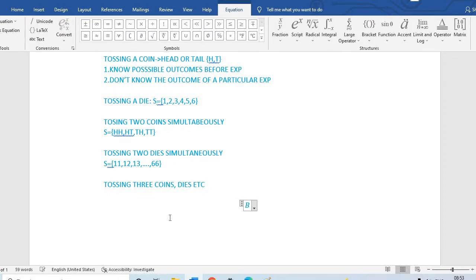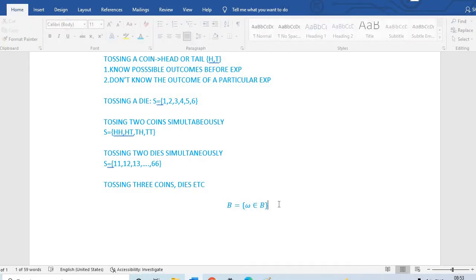B is equal to the set of all omega that belongs to... that is what we mean by set B.